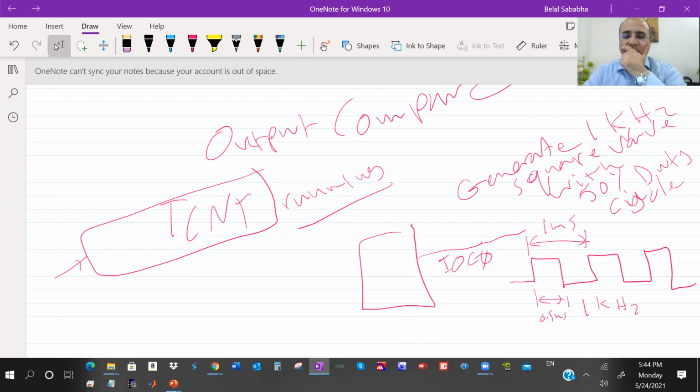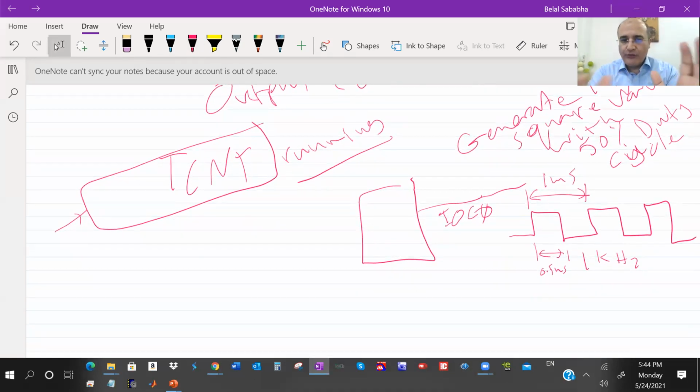Okay, so to be able to generate a waveform with very precise timing without doing things like making port B equal 1, delaying 0.5 millisecond, then going down, you want a special, very accurate timer function to do this for you. You can do comparison.